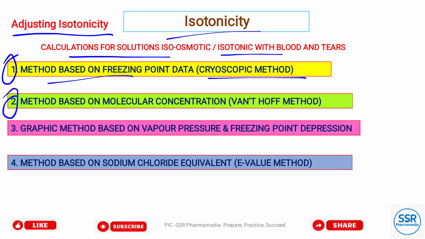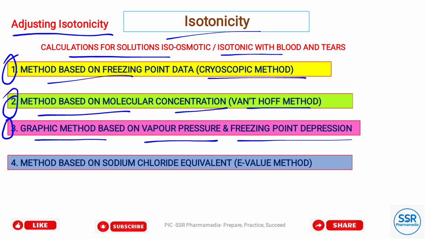Method 2, based on molecular concentrations, is the one-half method. Method 3, graphic method based on vapor pressures and freezing point depression. Method 4, based on the sodium chloride equivalent method.